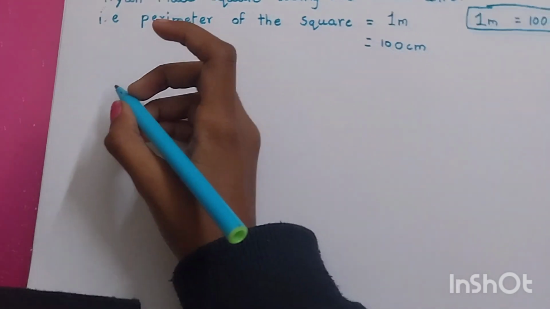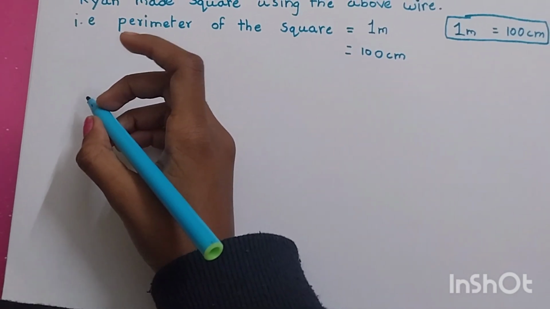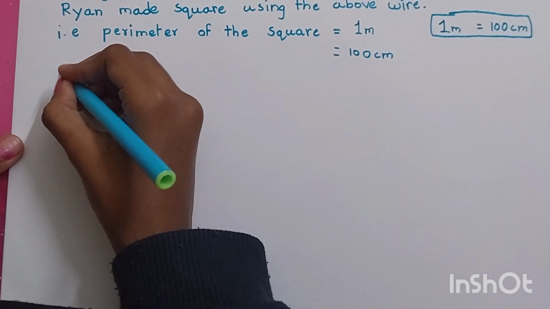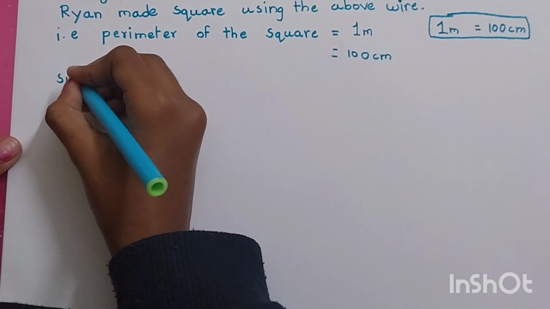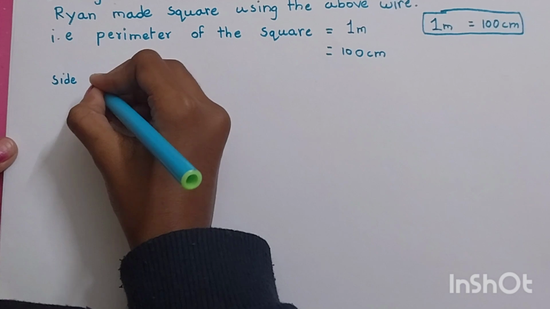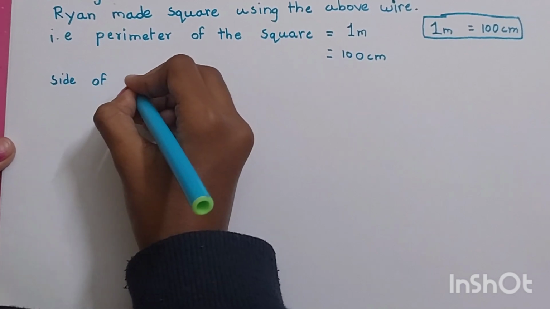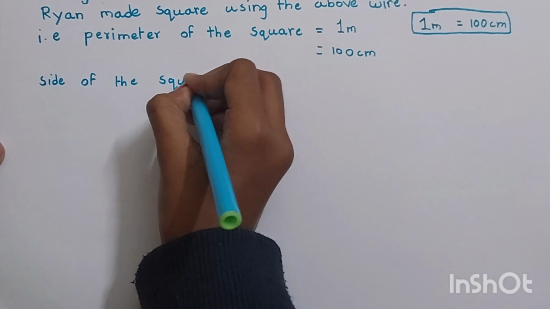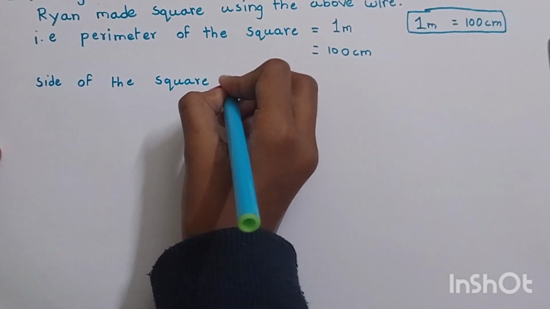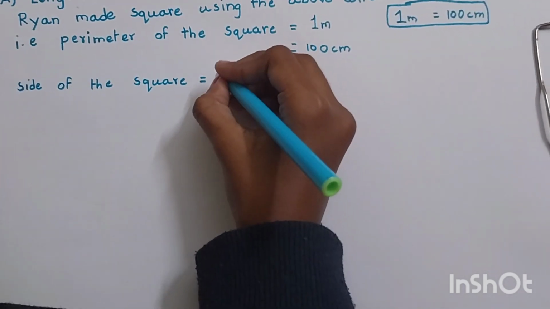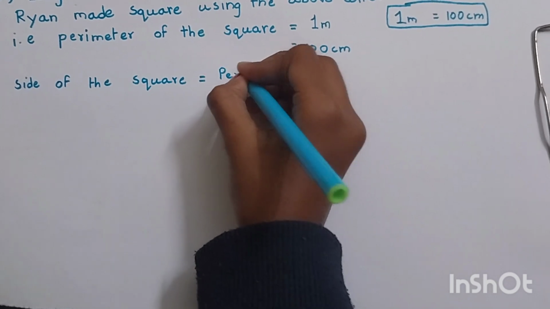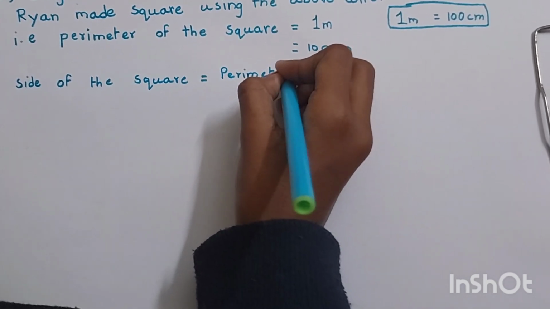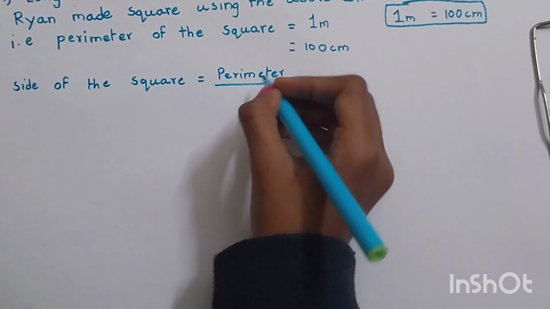They are asking the side of the square. What is the formula? Side of the square equals perimeter by 4.